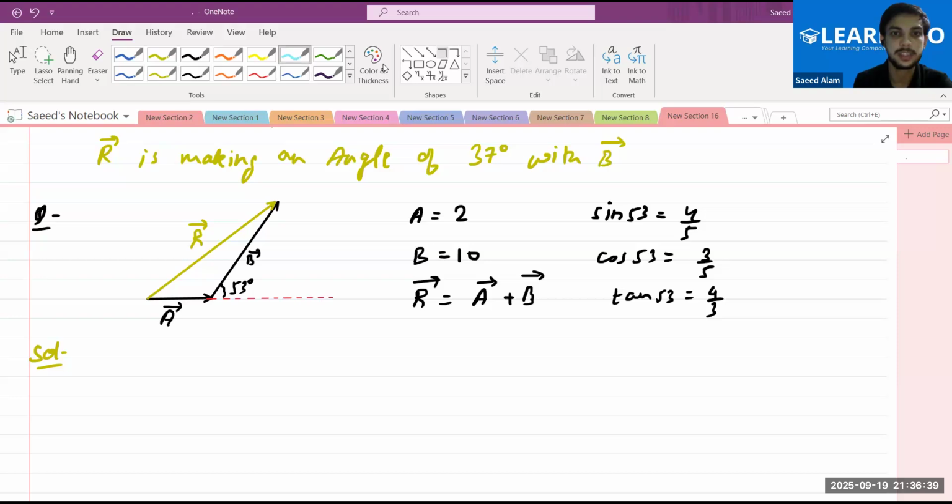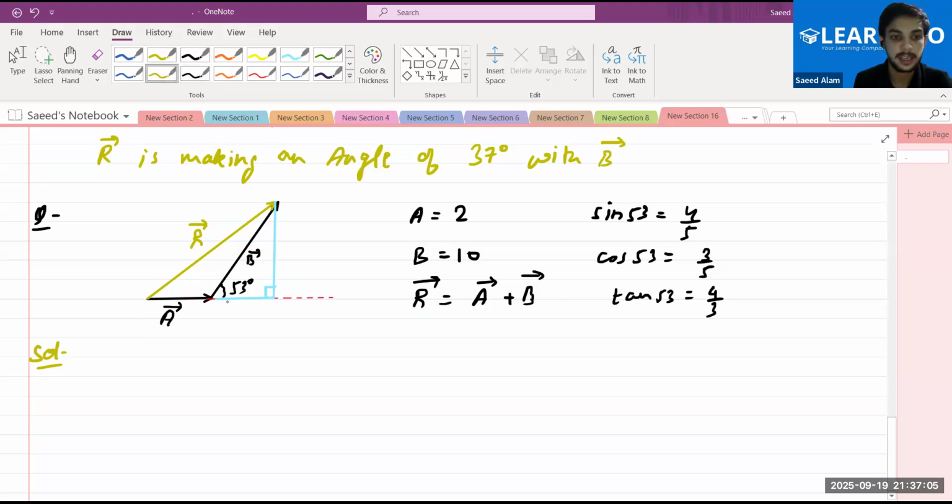Let me choose this pen. This is B over here, so I'm joining it like this. Can you see this pen? This is the lighter pen that I've chosen. I'm making this to be 90 degree.